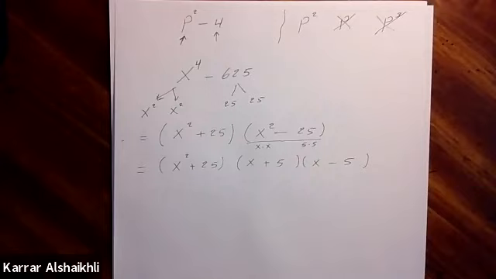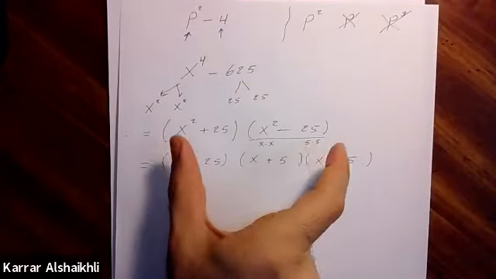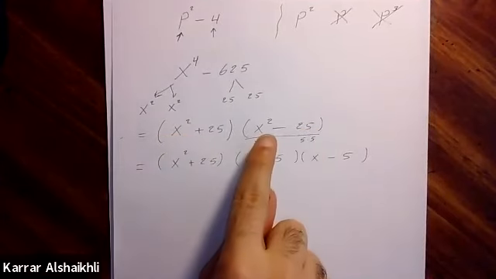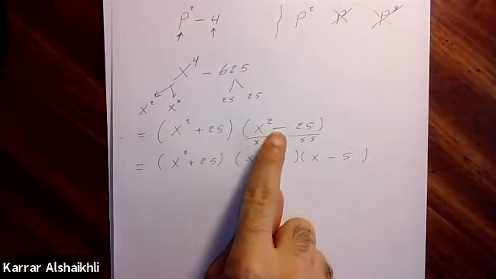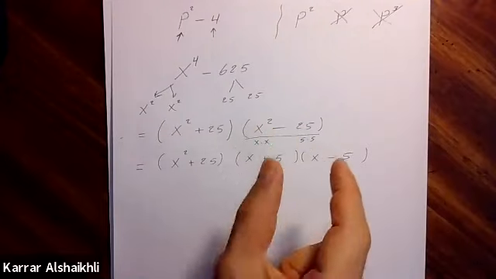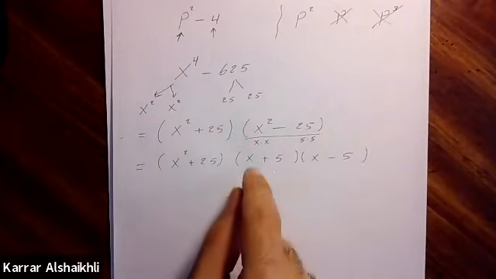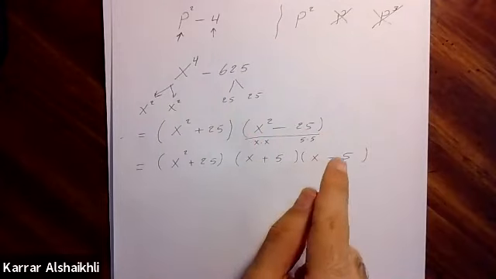When you use the difference between two squares on the main problem, you get these two parentheses. Always check the parentheses with the negative sign. Is this a difference between two squares? Yes. So I have to factor this part into another two parentheses: x plus 5, x minus 5.